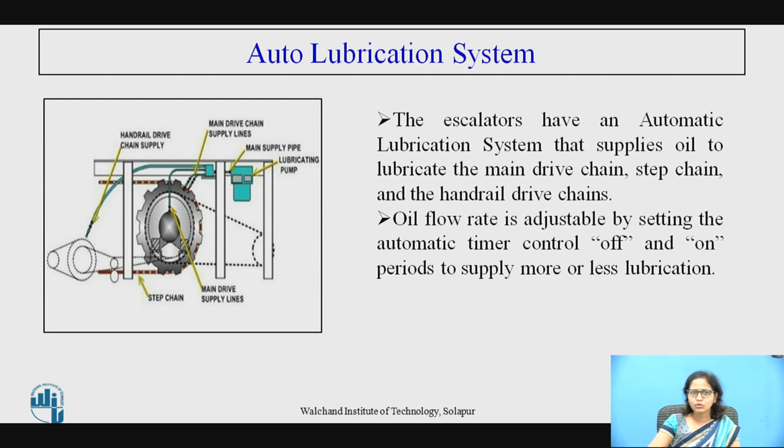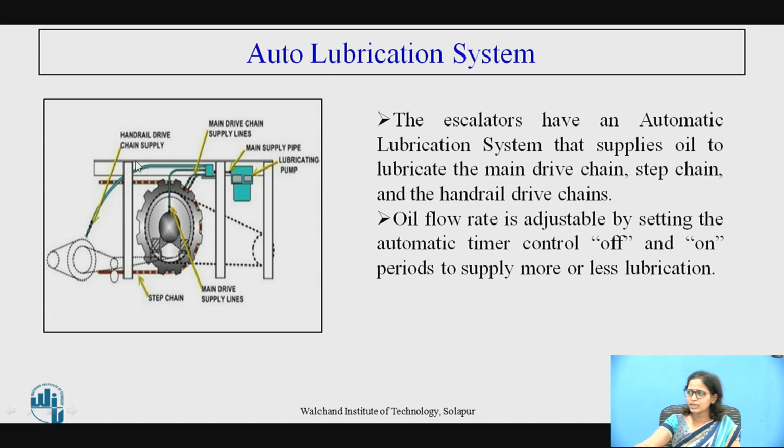So next is the auto lubrication system. Escalators have an automatic lubrication system that supplies oil to lubricate the main drive chain, step chain and the handrail drive chains. The oil flow rate is adjustable by setting the automatic timer control off or on periods to supply more or less lubrication.